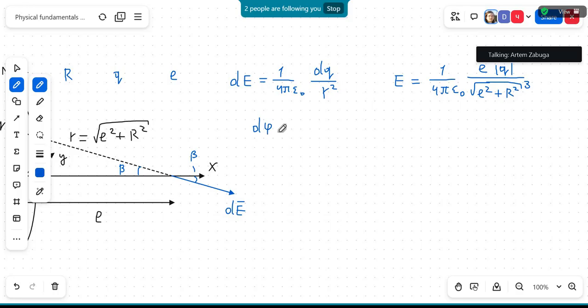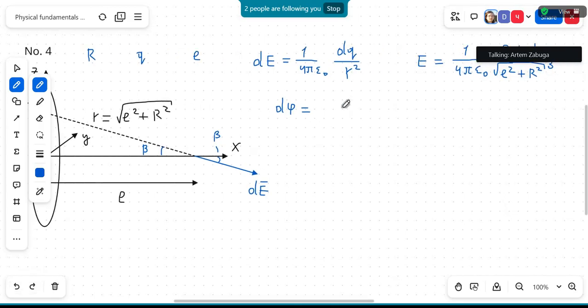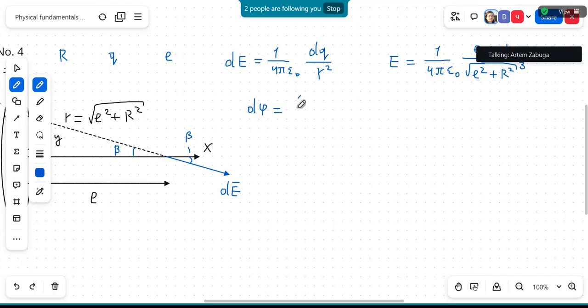Electrostatic potential produced by this elementary point charge dq is equal to 1 divided by 4 pi epsilon 0, multiplied by dq and divided by r.